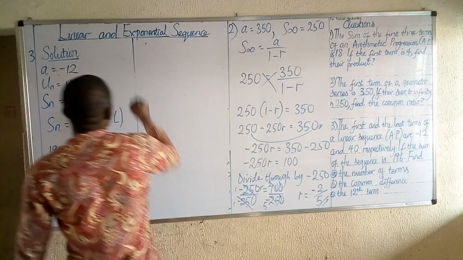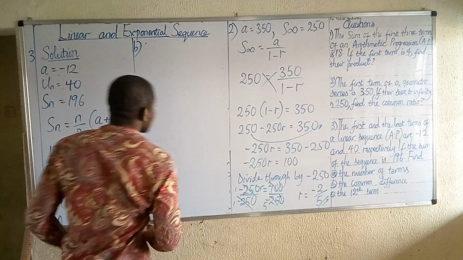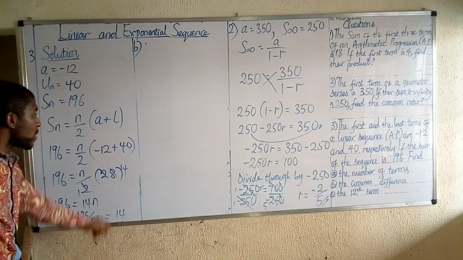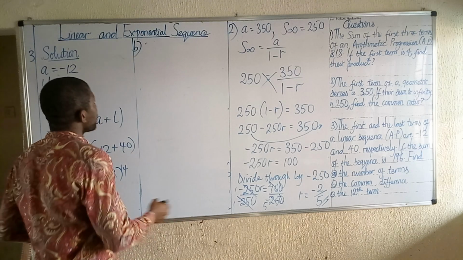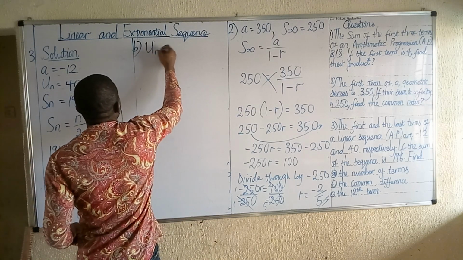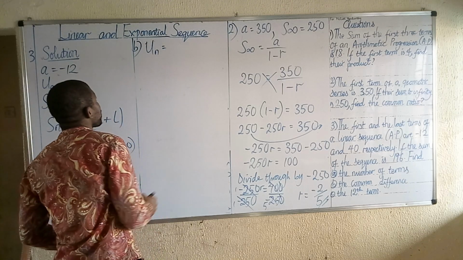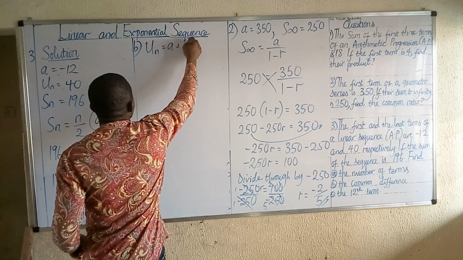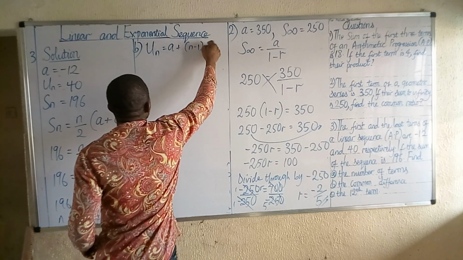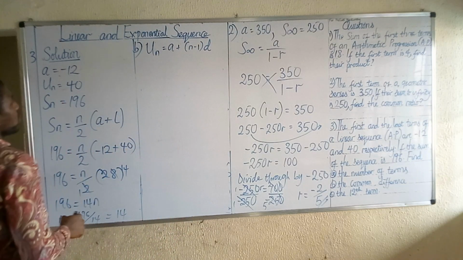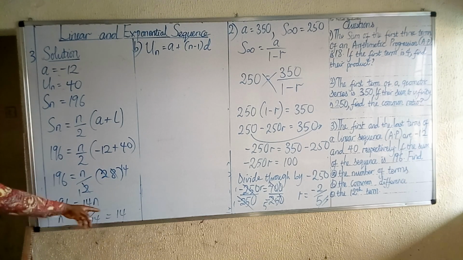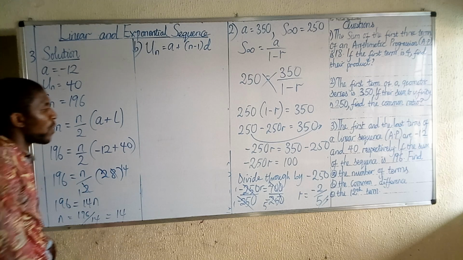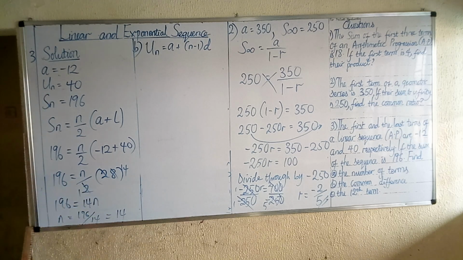Let's call this B. The number of terms is 14. So let's get the common difference. Un equal to A plus n minus 1 times the common difference. We are looking for the common difference, which is B. We have solved for A and for the number of terms. So the next is the common difference.